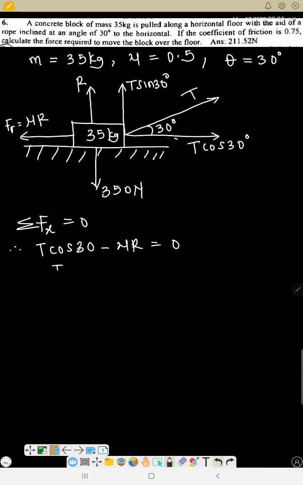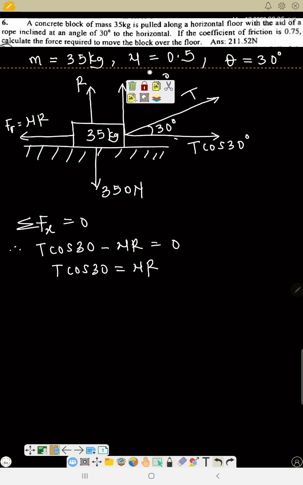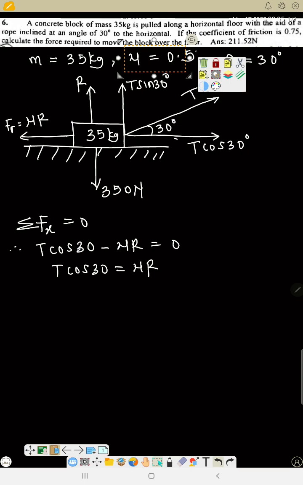So T cos 30 is equal to mu R. But we know mu already, which is the coefficient of friction, is 0.75, not 0.5. Coefficient of friction 0.75 is in the question.